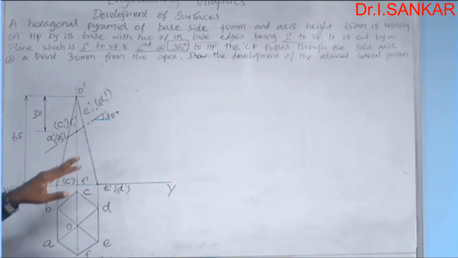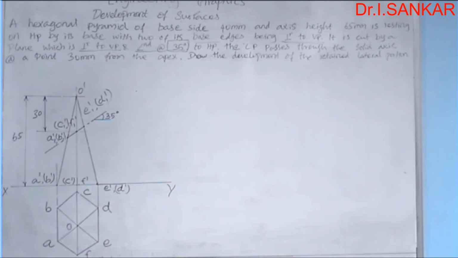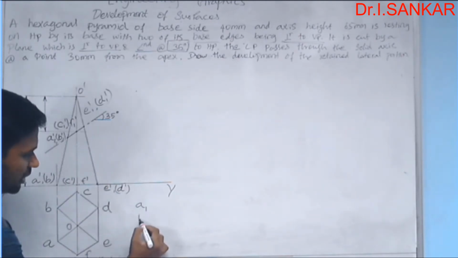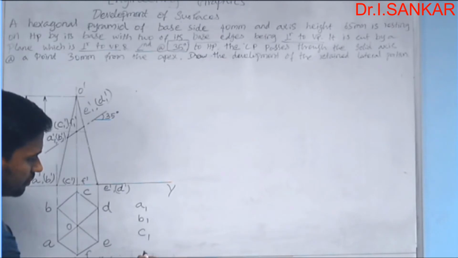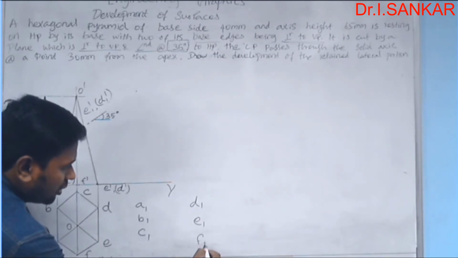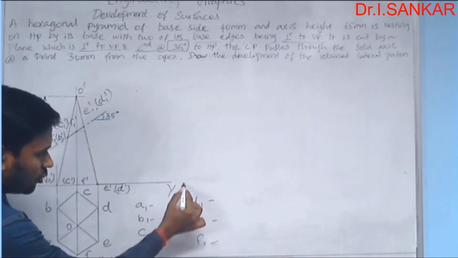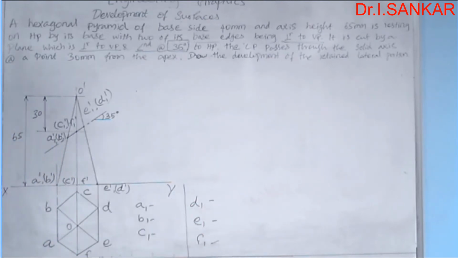Before that, our usual practice is we have to note down the address of each and every cut point. So A1, B1, C1, D1, E1, F1 are nothing but the cut points. Now mark the address of each and every cut point here for our remembrance purpose.